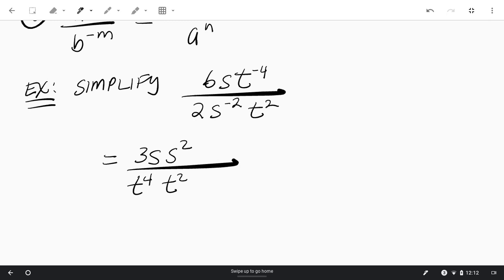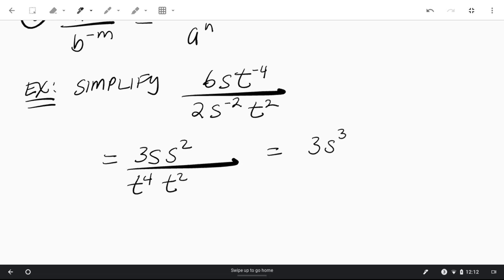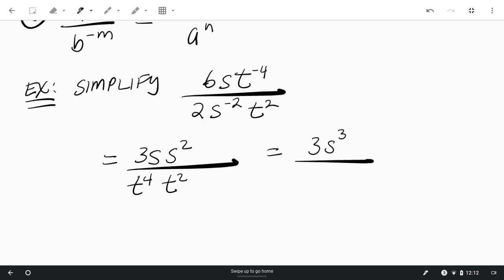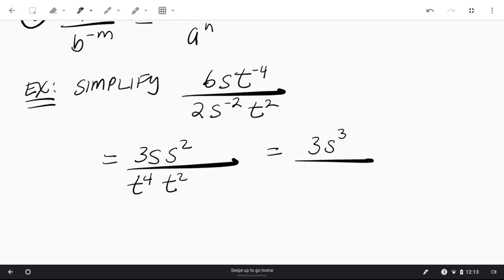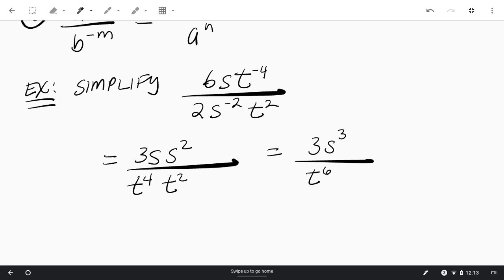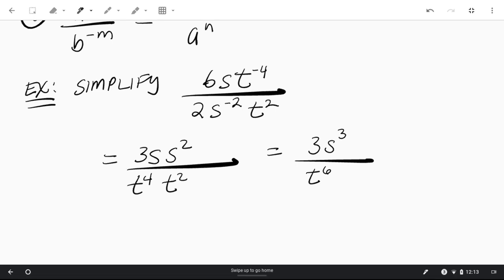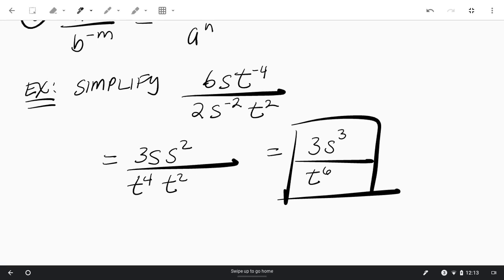And then from here, now I can do my multiplication of like bases. So then 3 stays, and this becomes s to the 3rd power. Because remember, when we have like bases, we add the exponents. And then down below, we have t to the 6th power. Okay. So that would be the final answer.